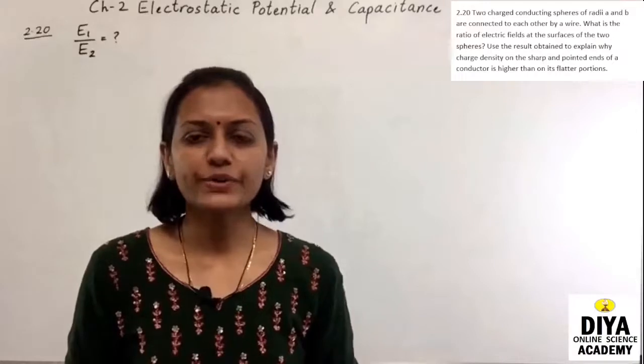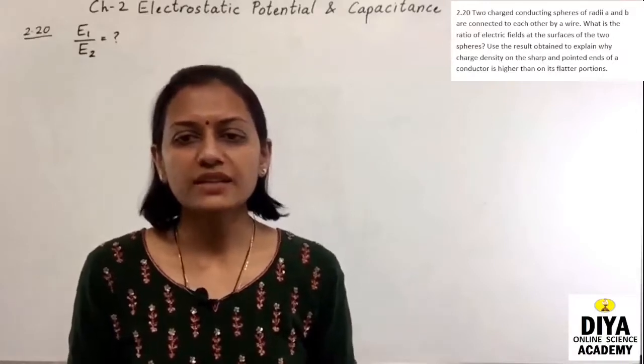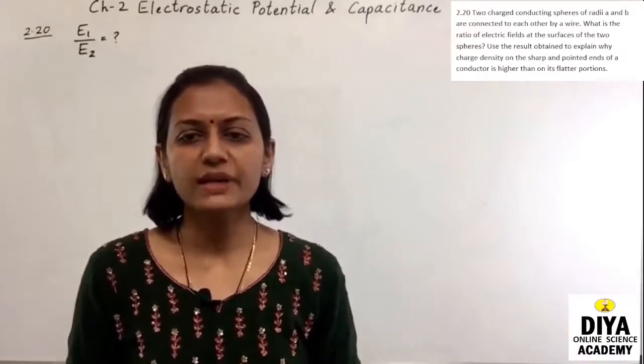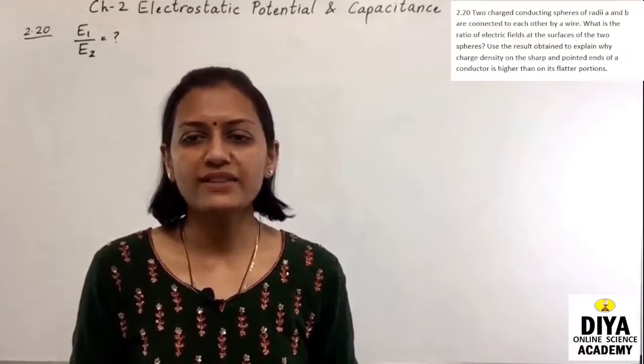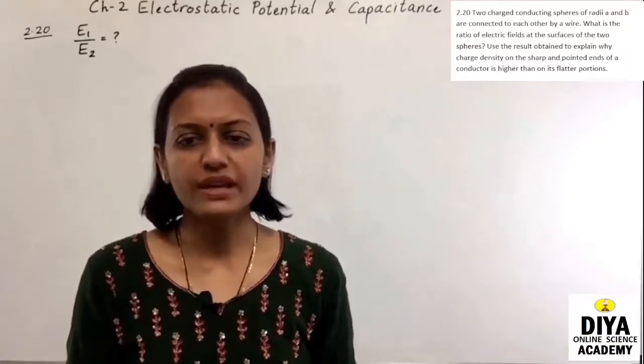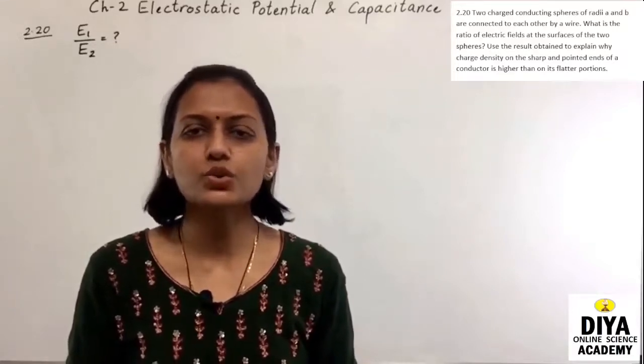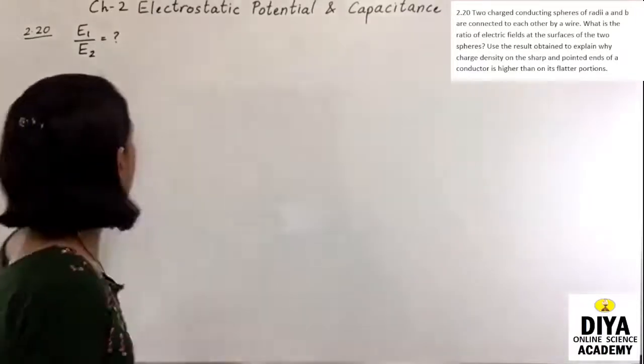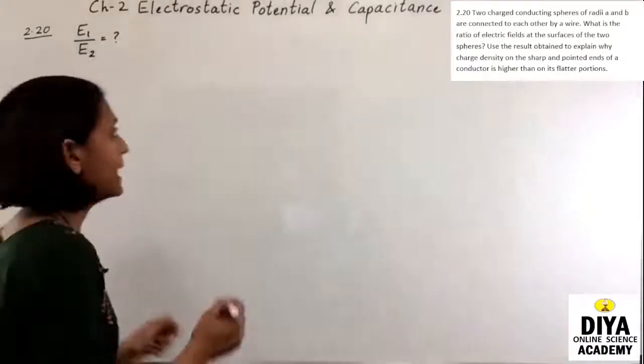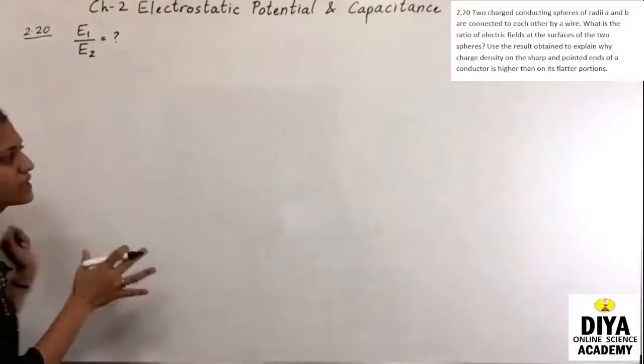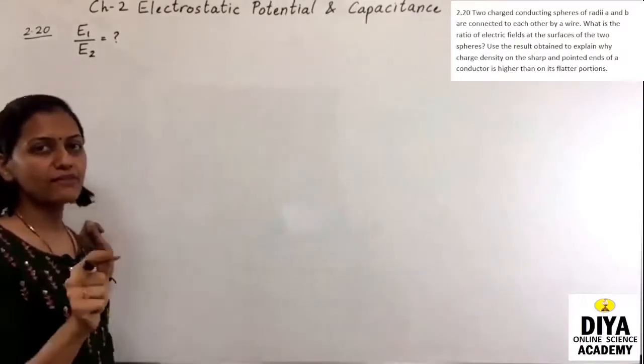Question number 2.20, which says two charged conducting spheres of radii A and B are connected to each other by a wire. What is the ratio of electric fields at the surface of the two spheres? So E1 by E2 we have to find out. And here the spheres have been connected by a wire.